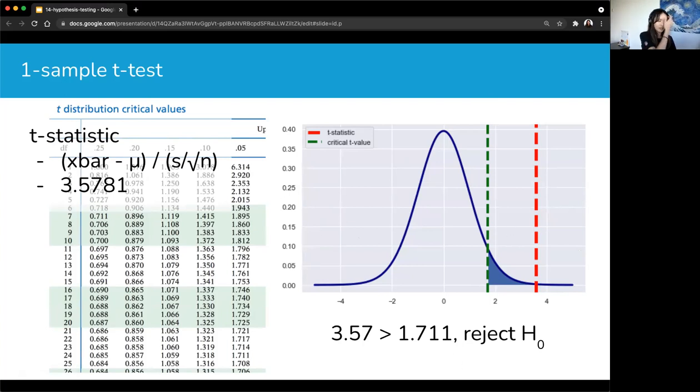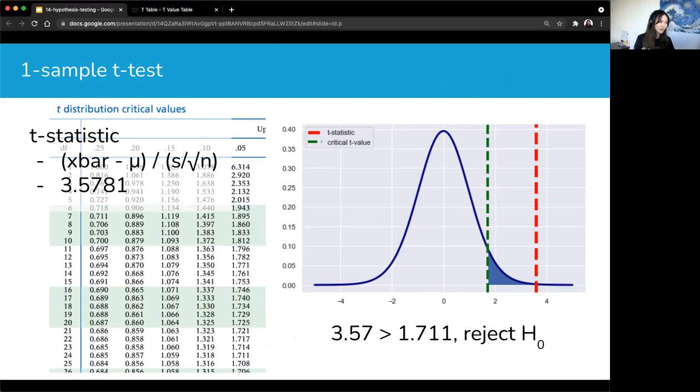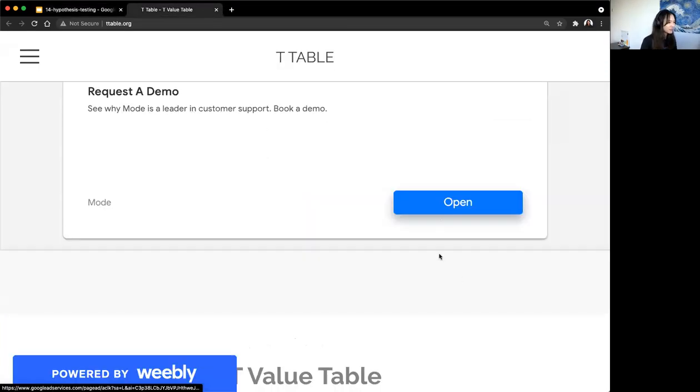Another way of looking at this is we have to compare our values. So what we're going to do is pull up our t table to find our critical value of t.